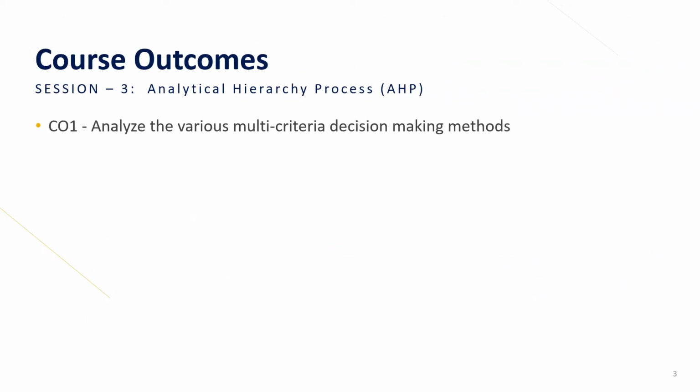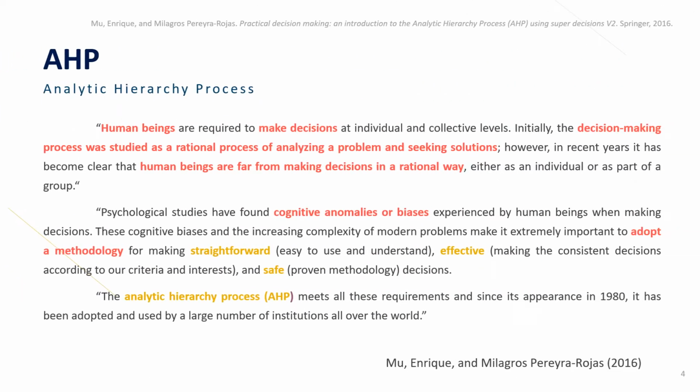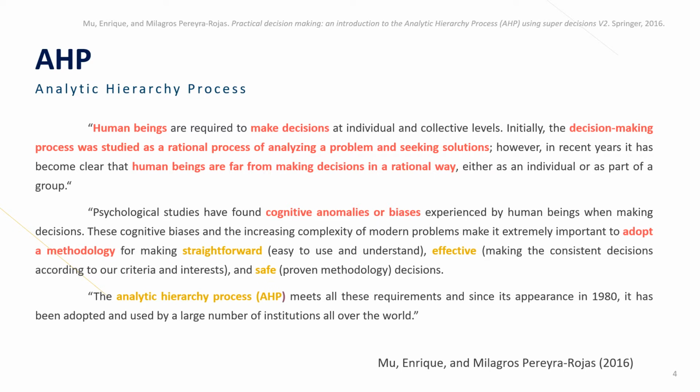We are still on course outcome 1, which is to analyze the various MCDM methods. We will start from the initial introduction to AHP.